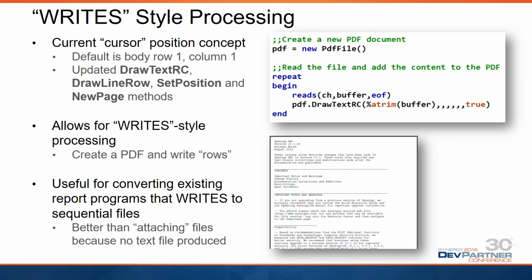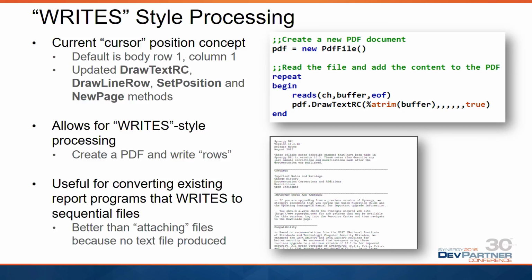Write-S style processing, here's an example of that. As we saw earlier, you can use the draw text RC (row column) method, passing true to the new line parameter, and that's essentially like a write-S. So rather than loading up the file, if you want to control it yourself, you read some data file and do a draw text passing new line as true, and that just goes next line, next line, next line.